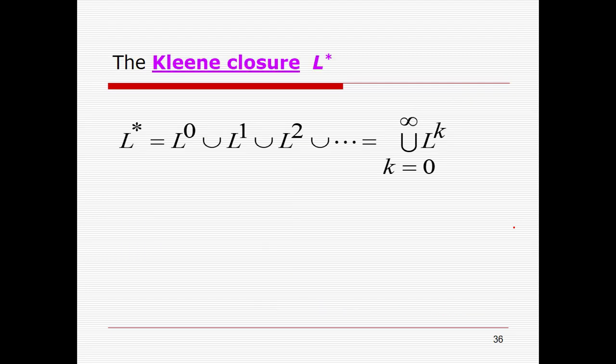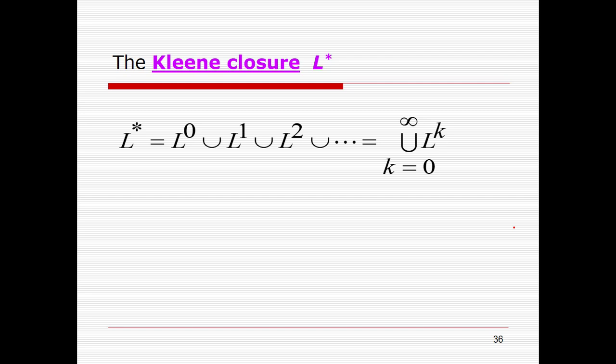So one specific element we'd still like to tell you about is L star. And L star is known as the Kleene closure, which is the union of all possible powers of the language.